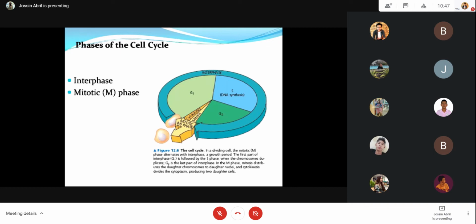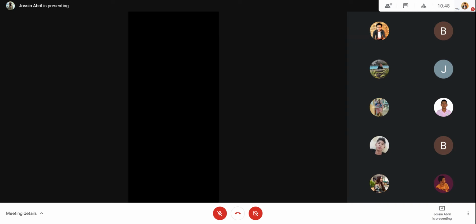Interphase is subdivided into three subphases: the G1 or first gap, followed by the S phase or DNA synthesis, and the G2 phase or the second gap.